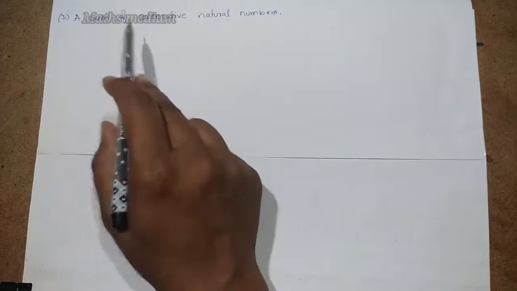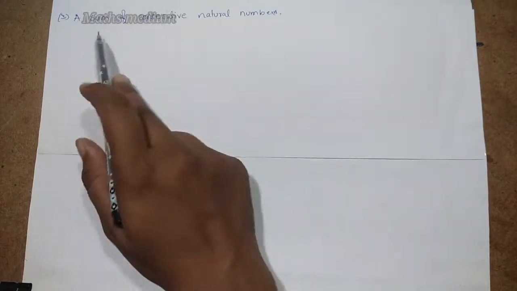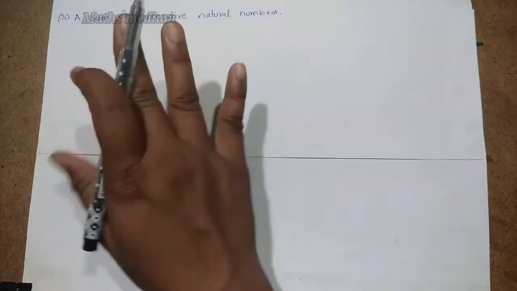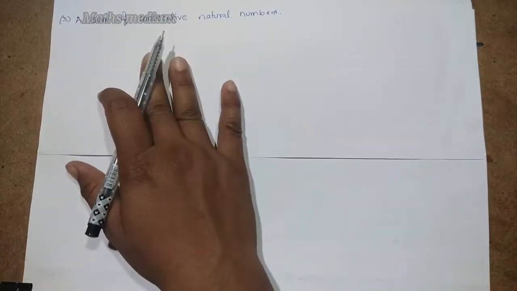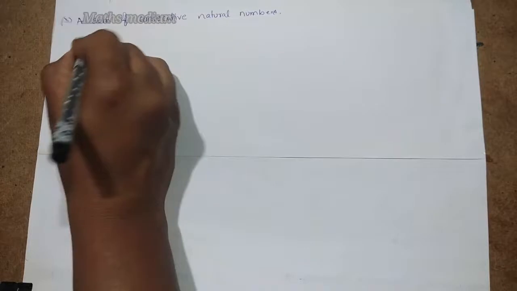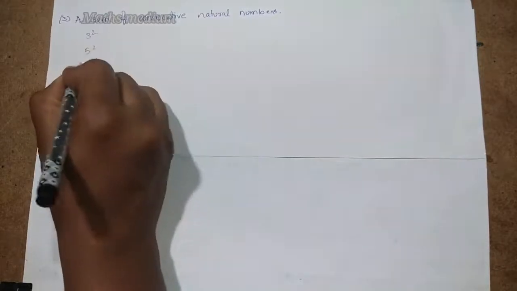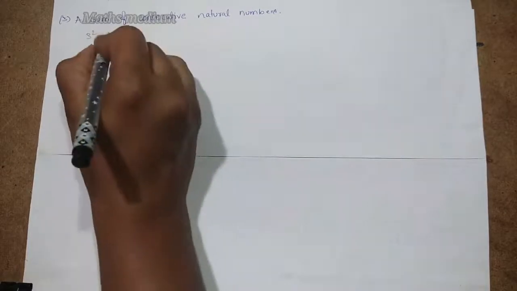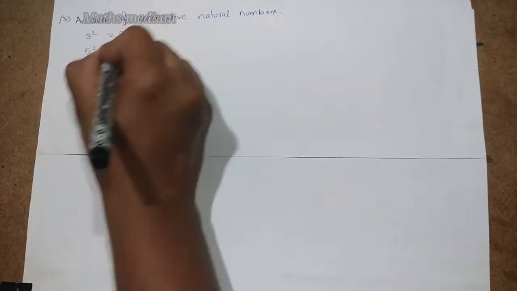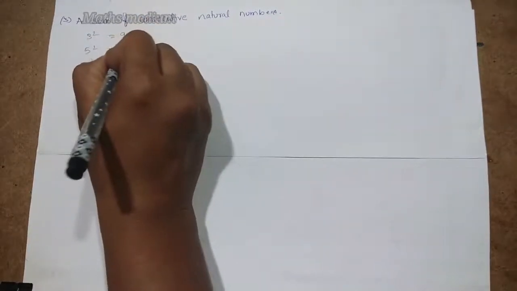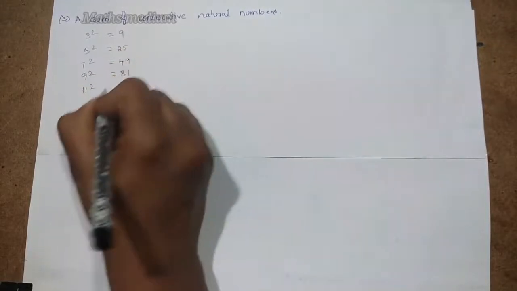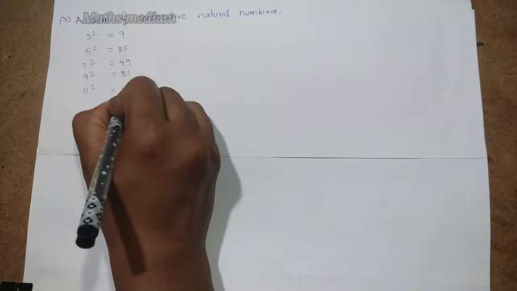By using the sum of consecutive natural numbers, we can get a square. That is what we have to prove here. See, if you take 3 square, 5 square, 7 square, 9 square, 11 square, these can be written as 9, 25, 49, 81, and 121.